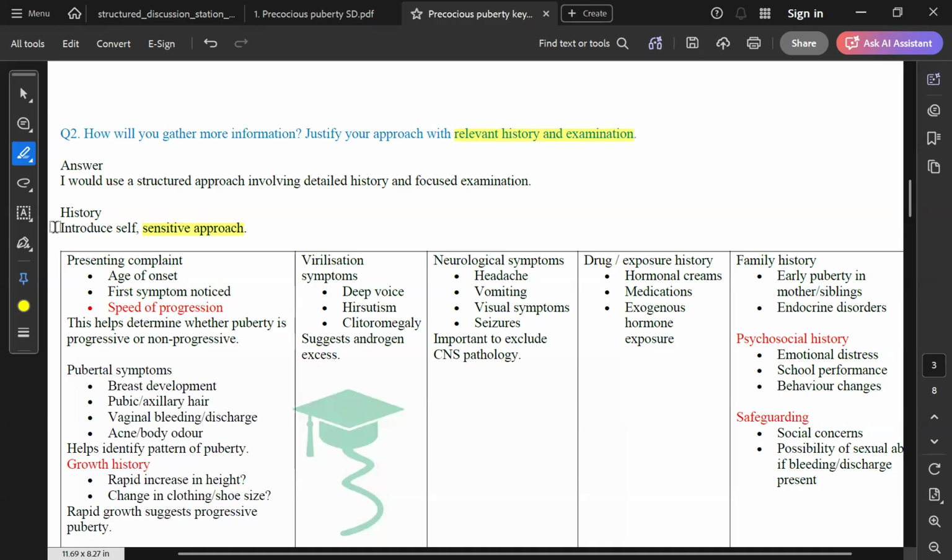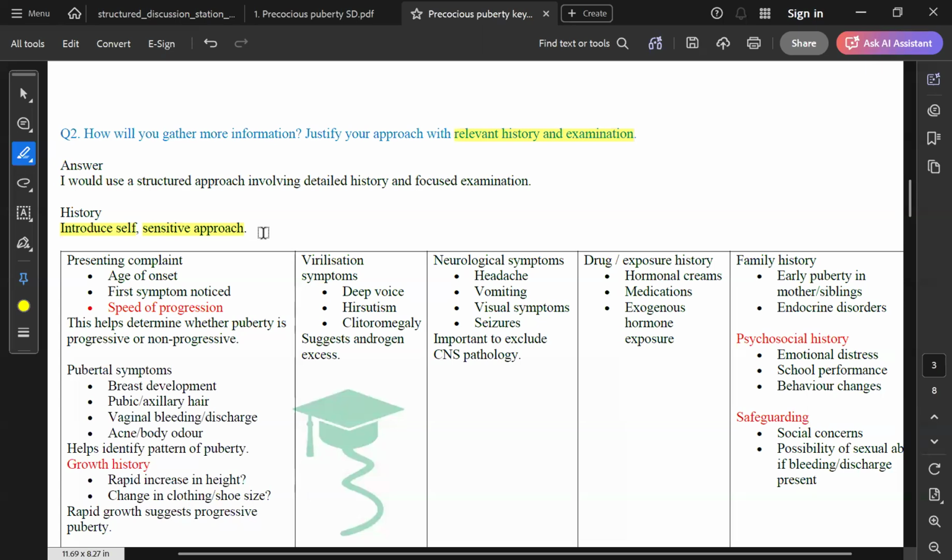Address that. Introduce yourself. These are things you should never miss for any structured discussion station. The communication with the patient should also be discussed. We will be offering them written information, asking for doubts, allaying their anxiety, and asking for any questions they might have. This is also part of the management process. Make sure you mention this in your management for any structured discussion station.